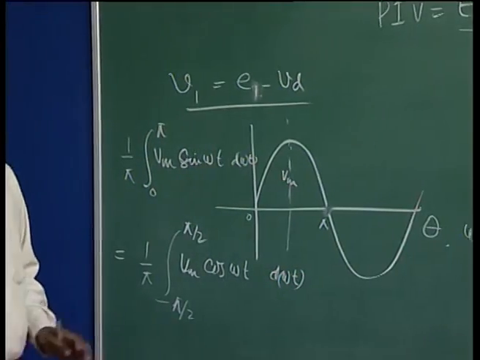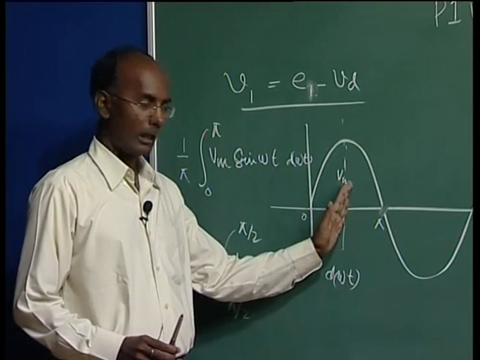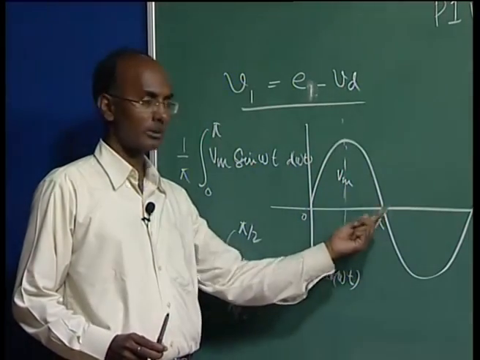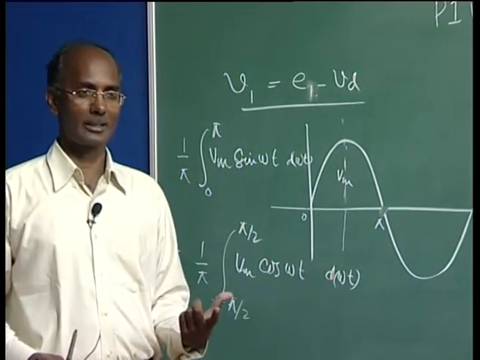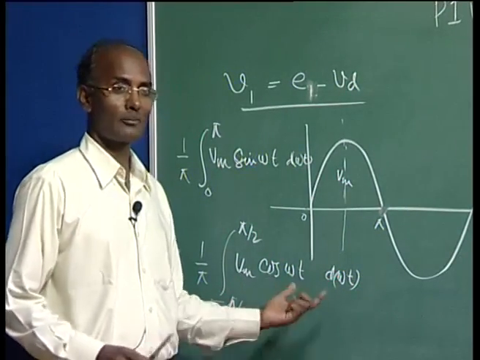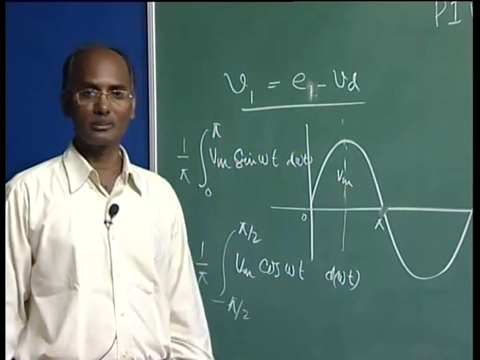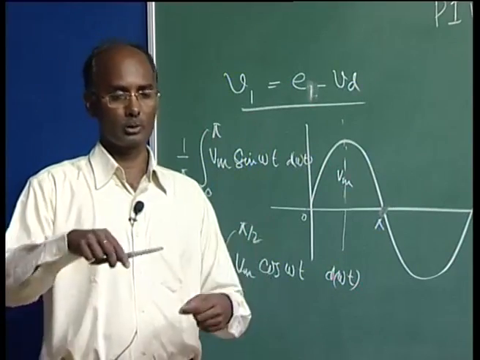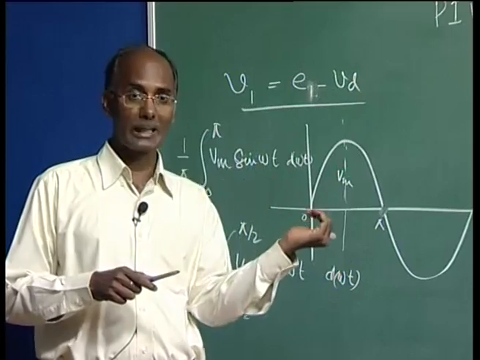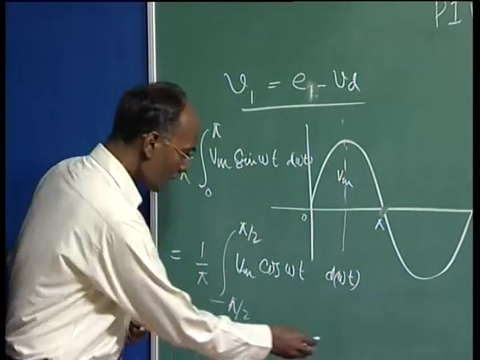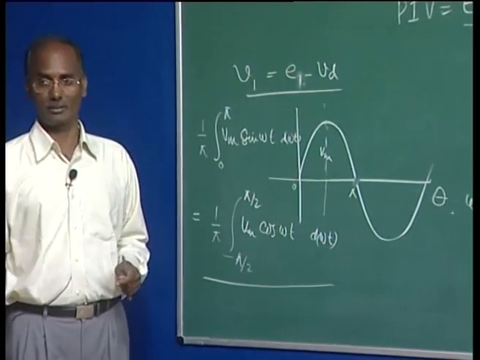Both are the same. The axis is shifted and we are integrating the same wave shape in another way. Later we will realize this option is better for calculating the DC output, because the cosine integration directly becomes sine, and the sine value from 0 to pi comes very quickly, whereas otherwise the cosine value goes to the second quadrant, where it is negative 1.